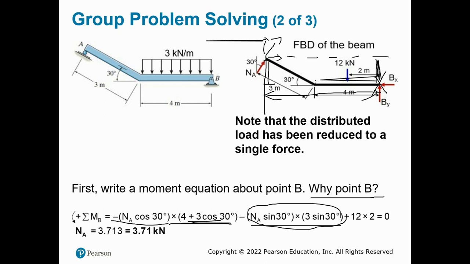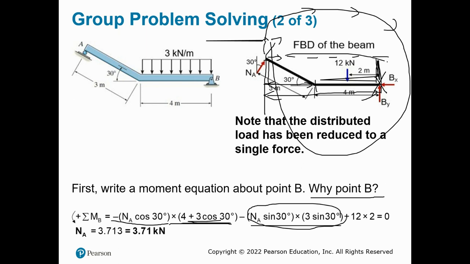There's your 4 meters, it's this portion, and then also this portion that is going to be 3 cosine 30. Add that together. Both of them are trying to generate moment about point B clockwise. That's why both of them are negative. This one is trying to go this way, clockwise, and then the horizontal one is trying to go this way, clockwise as well.